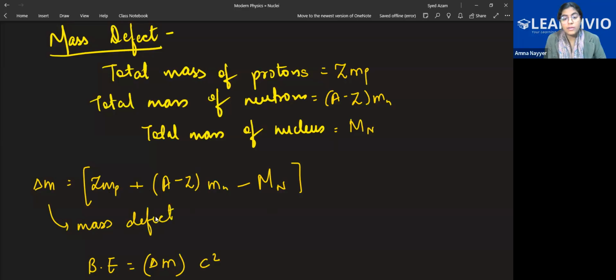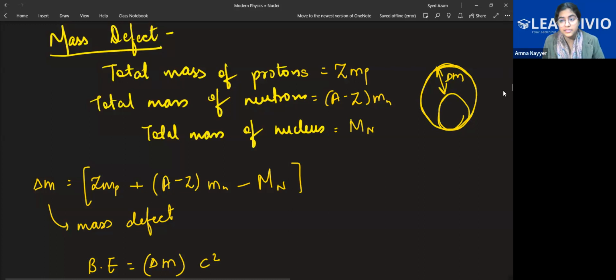For calculation of binding energy, what is this mass defect basically? The nucleons are present together because of release of energy. They have the excess mass present compared to the original mass of the nucleus. So this extra mass is basically the mass defect.